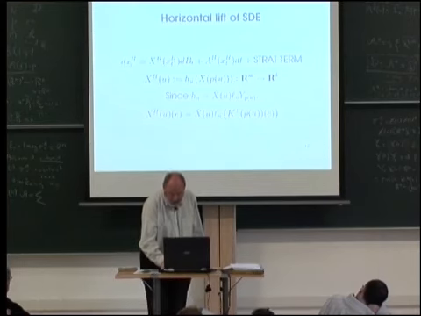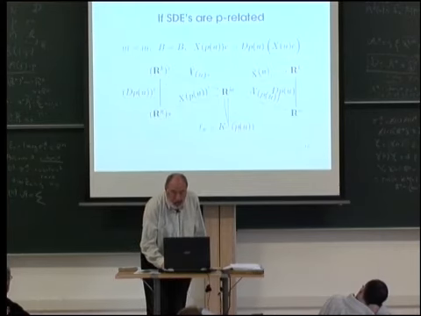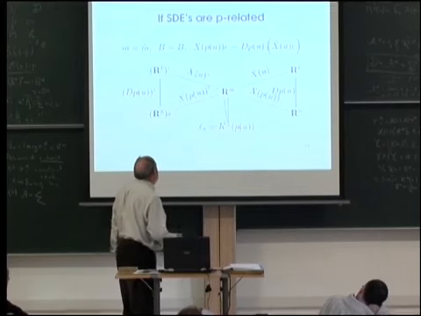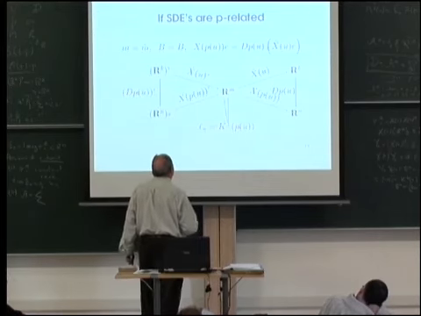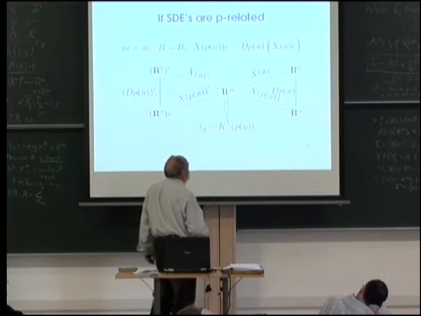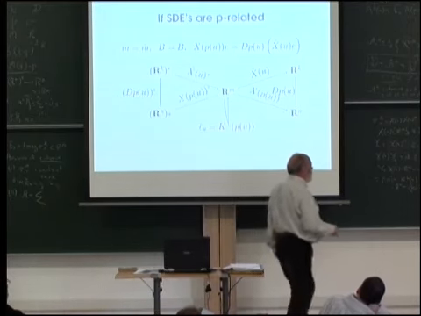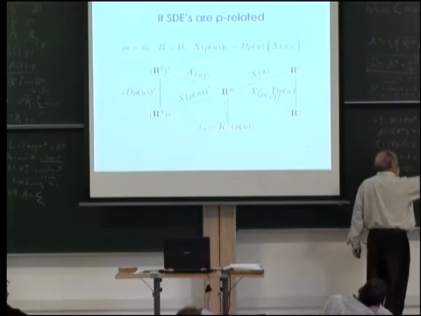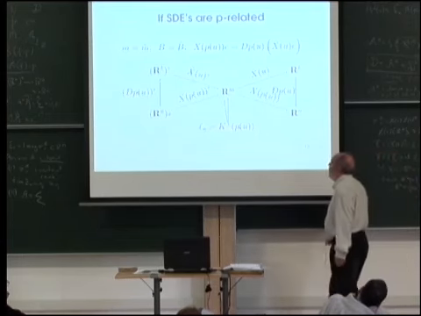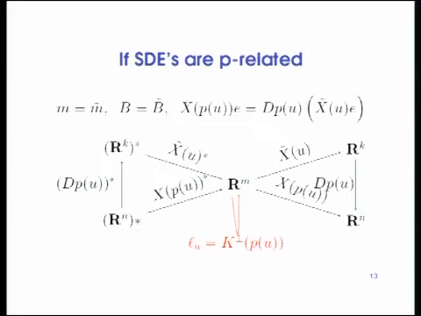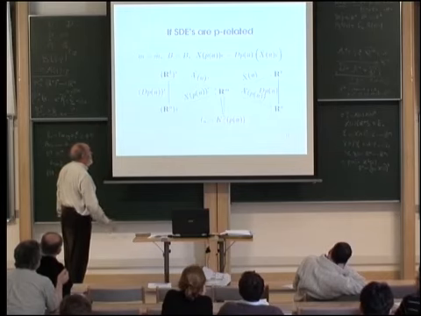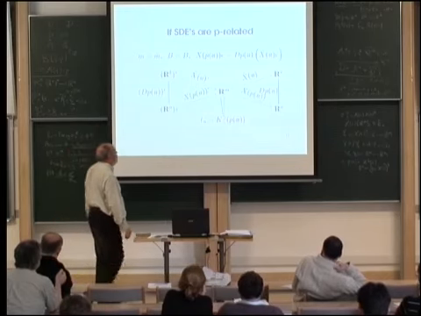So perhaps even closer to the filtering situation is where the M and the M tilde are the same, where we have the same noise upstairs as we have downstairs. So this is when the picture collapses, when they're p-related, when the vector fields upstairs map down to the vector fields downstairs.